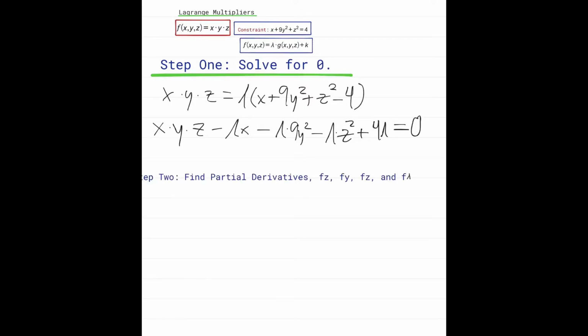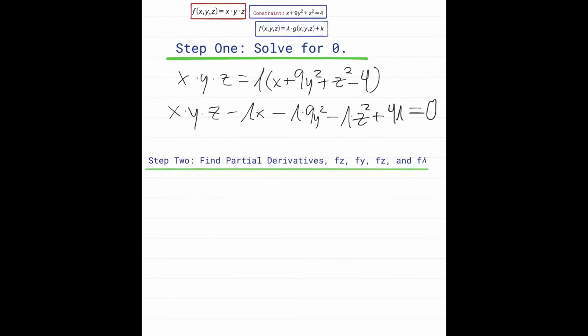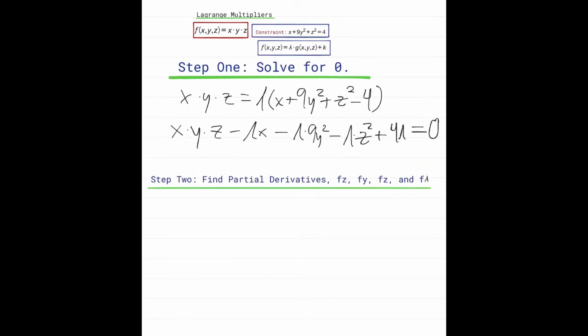Now for step 2, we're going to find the partial derivatives f of x, f of y, f of z, and f of lambda, using this function that we have that's equal to 0. So the partial with respect to x would be the constant yz, minus lambda x, the derivative of that would just be lambda.